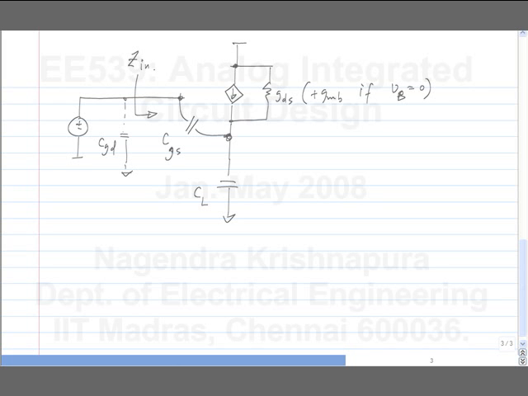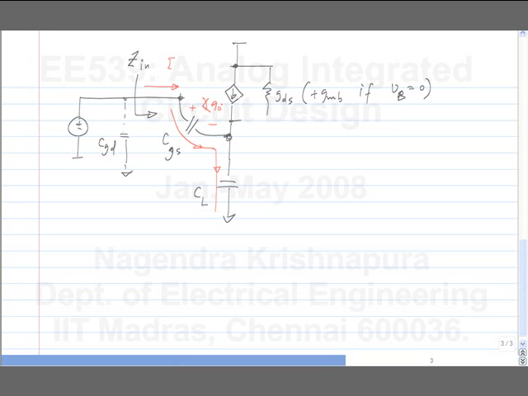This we analyzed in the first assignment. If you push in a current, there will be a voltage developed with 90 degrees phase lag. Now, the input current also flows through the load capacitor. For simplicity, let me even remove GDS. When we have small GDS, this is a good enough approximation.